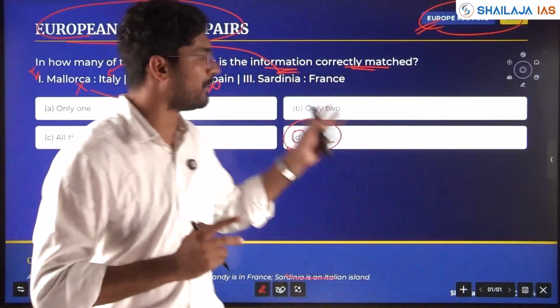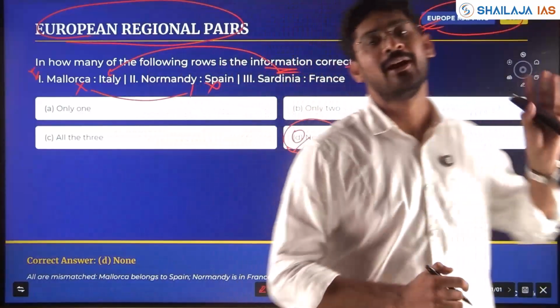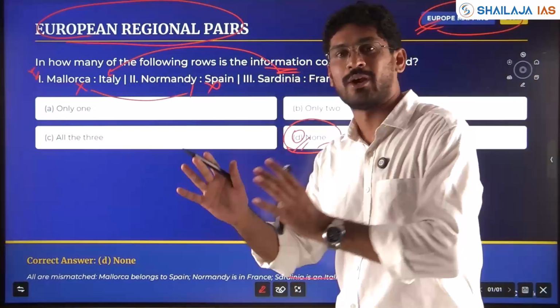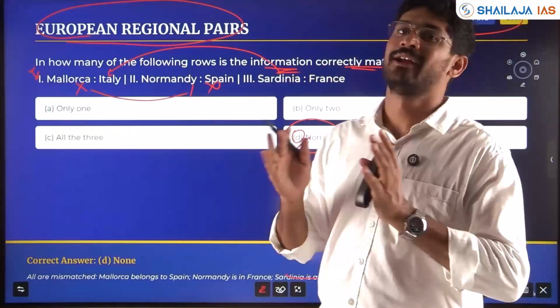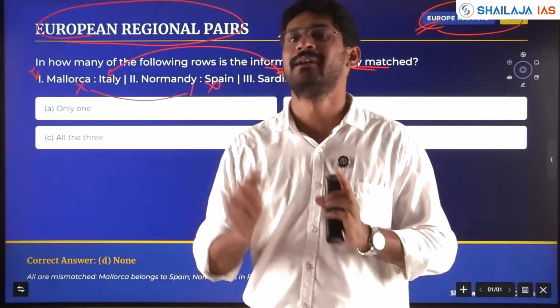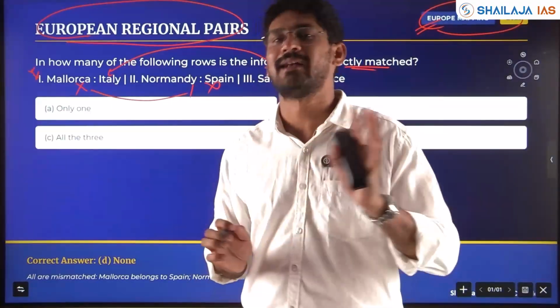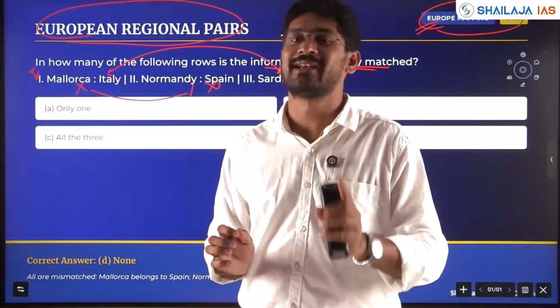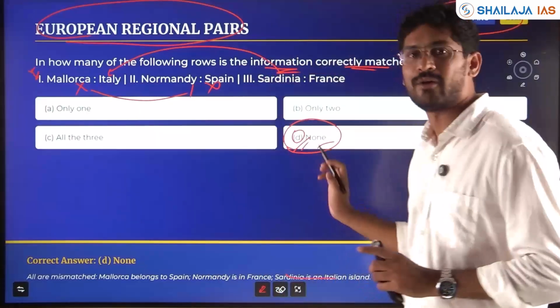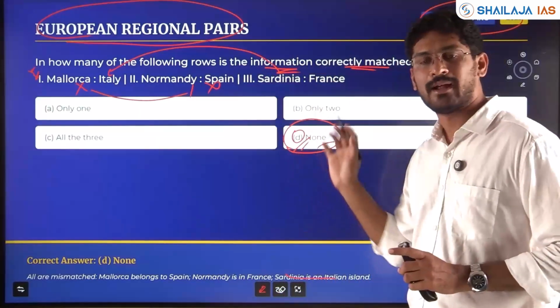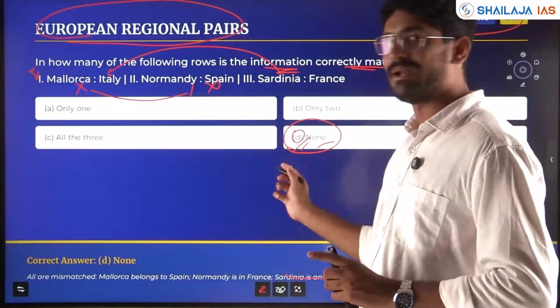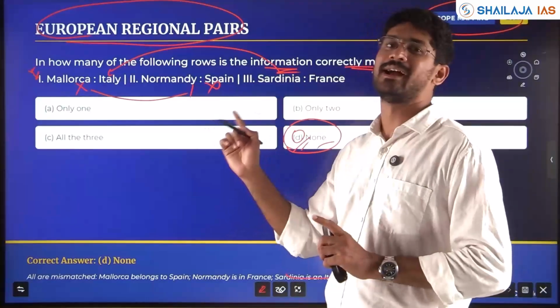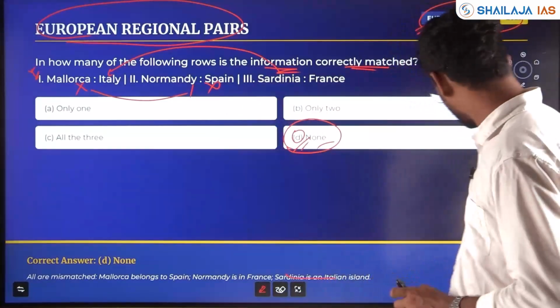The same pattern was seen in 24, the same pattern was seen in 23. Knowledge on one side, understanding how the examiner is setting the paper and the question and getting the answer right is a skill as well as an art. So here, none of the above. Mapping is important and knowledge is important, but application and the art of getting the answer is also important, my friends.